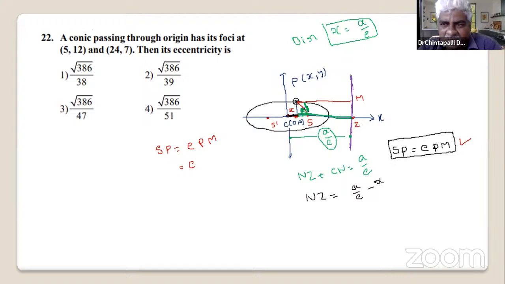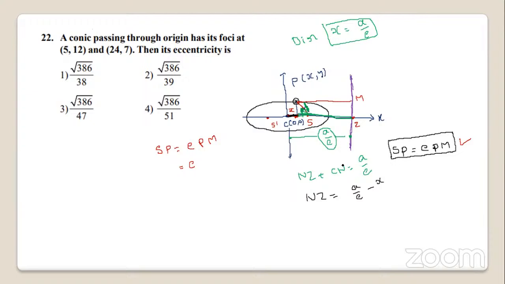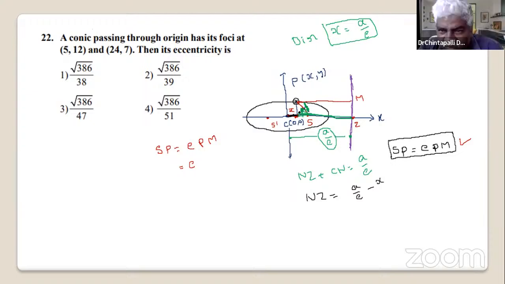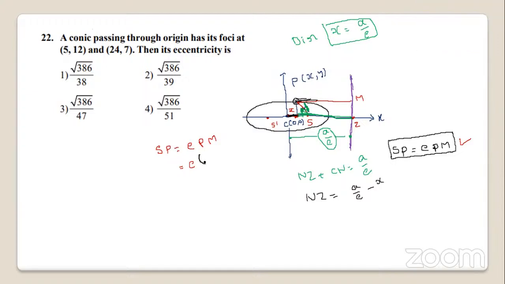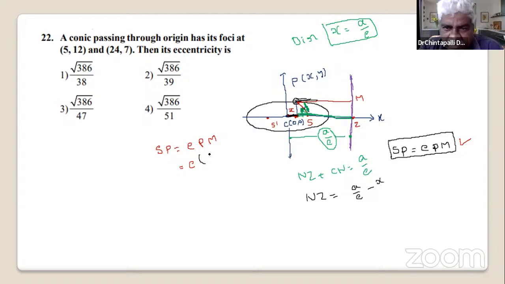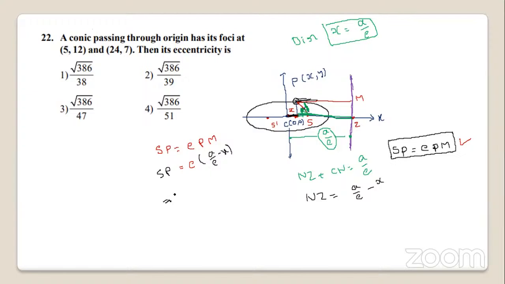We are learning one special principle, deriving a special formula. NZ is equal to PM, right? What is to be written in the place of PM? That is A by E minus X. So SP is equal to E times A by E minus X. Tell what is SP?